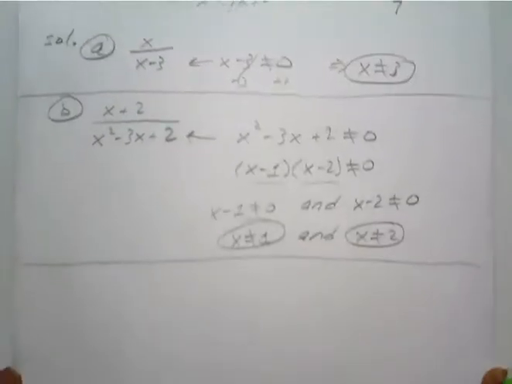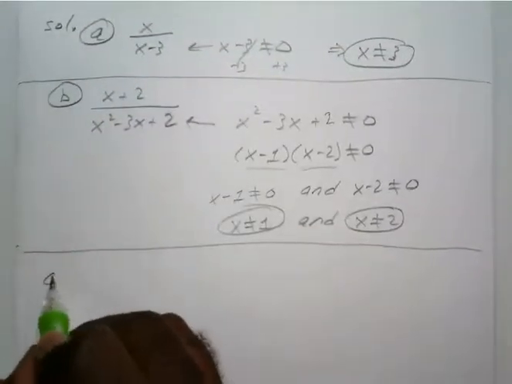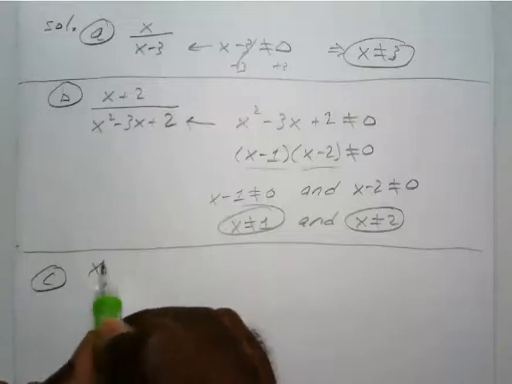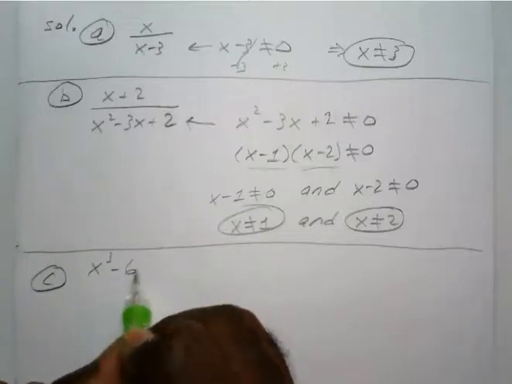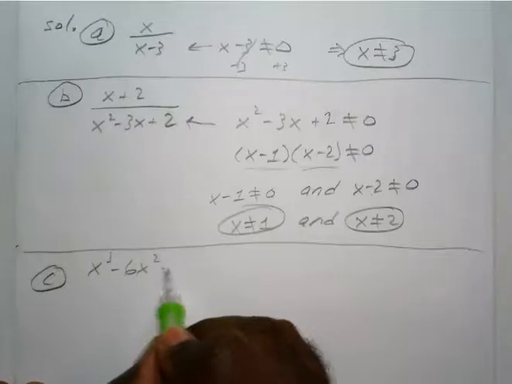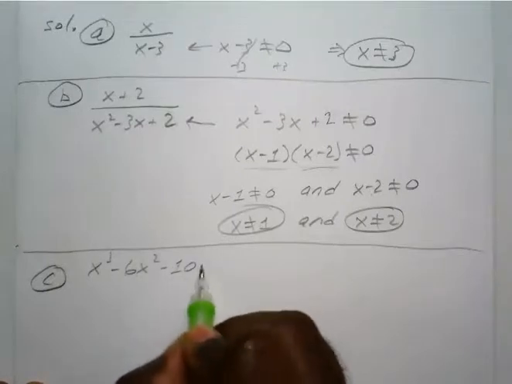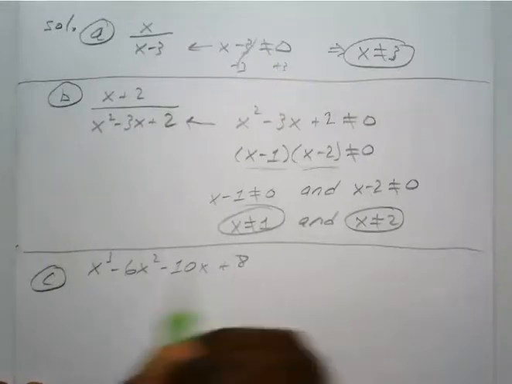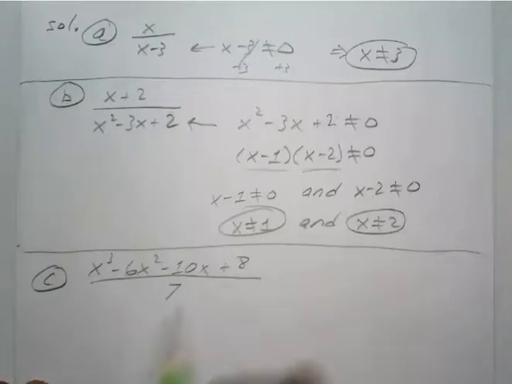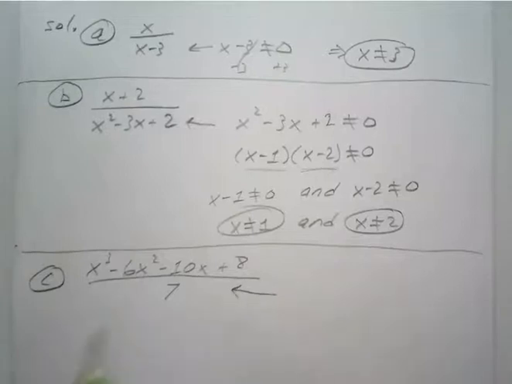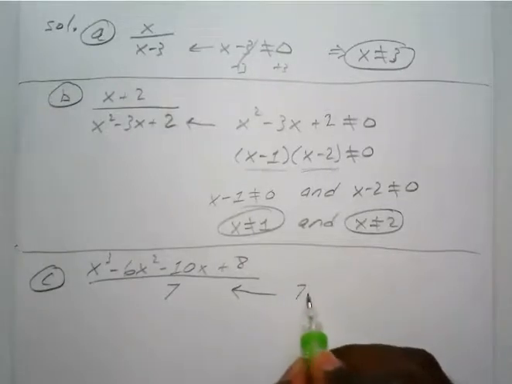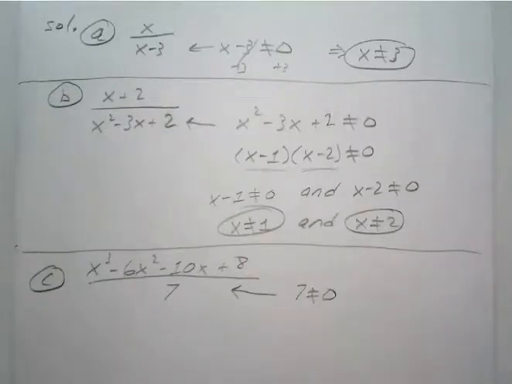Now we're going to go to problem C. We have x to the third power minus 6x squared minus 10x plus 8 all over 7. You may not realize it, but this is actually the easiest out of all three. Because the denominator is 7, and we know that 7 cannot equal 0.